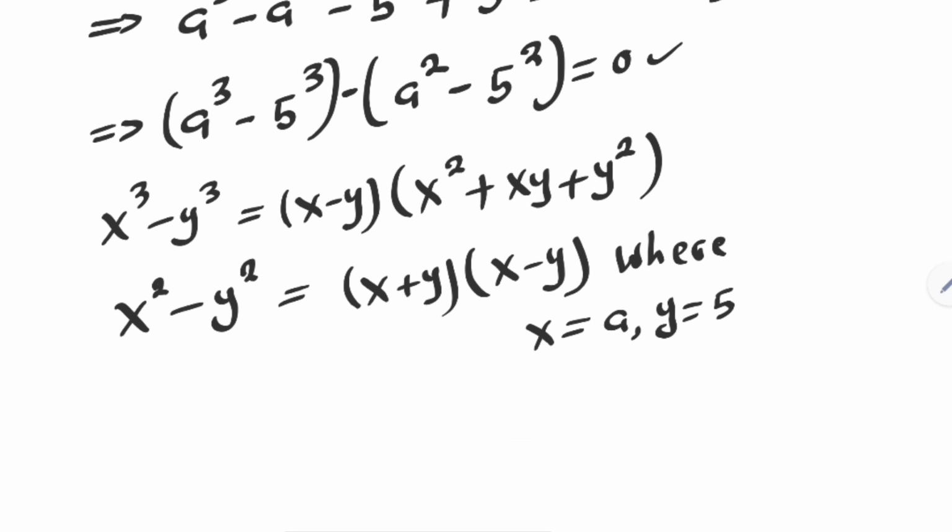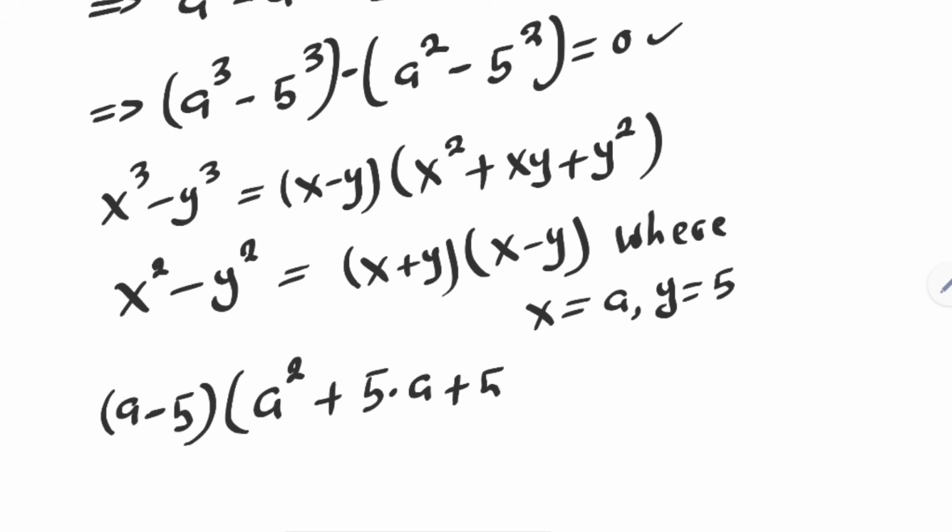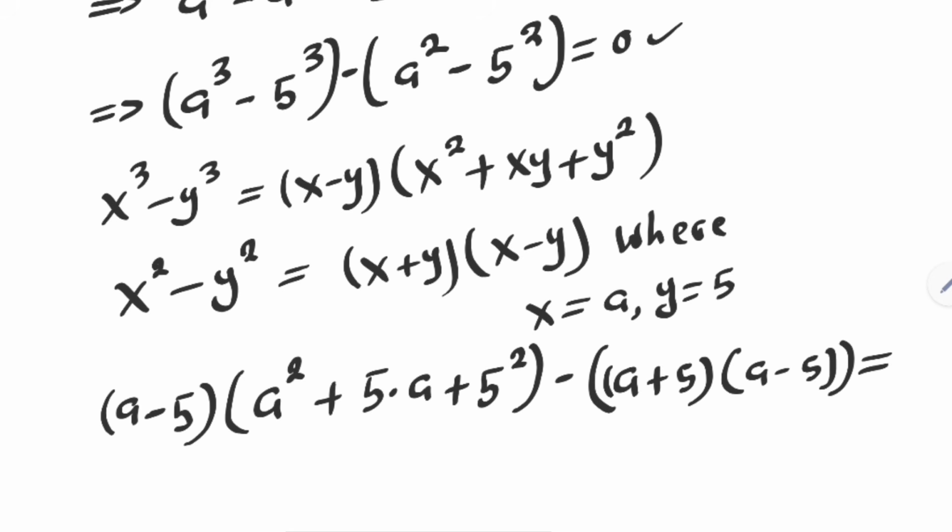The whole of this can be written as a minus 5, bracket, a squared plus 5 multiplied by a plus 5 squared, bracket, minus, bracket, a plus 5, then bracket, a minus 5, bracket, is equal to 0.